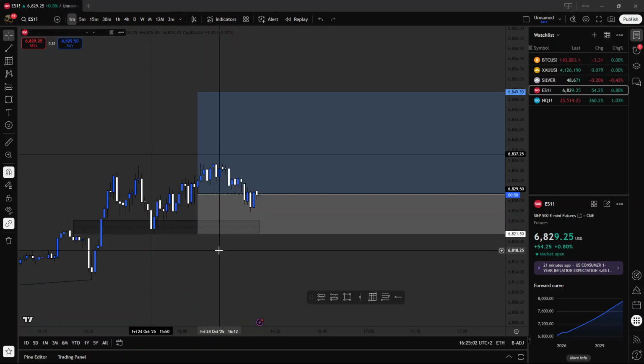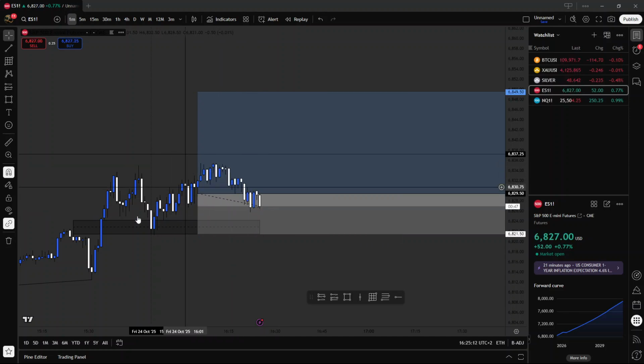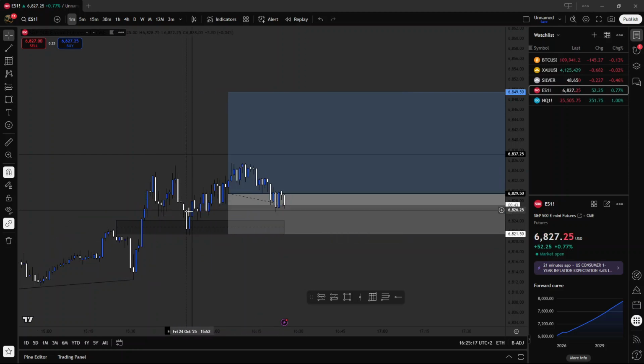Little update for y'all. It's been 15 minutes or something, I don't even remember, but the price is just doing nothing, bro. I swear it is like barcode price action.